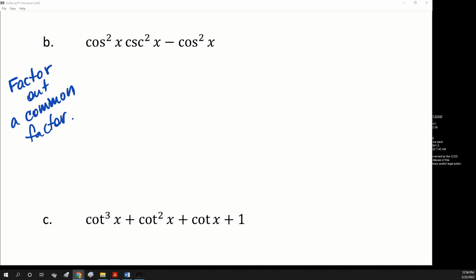So when we are deciding the common factor, you're going to look at what's in front of the minus and what's after the minus. What do they have in common? Cosine squared of x. So that's what we're going to factor out.